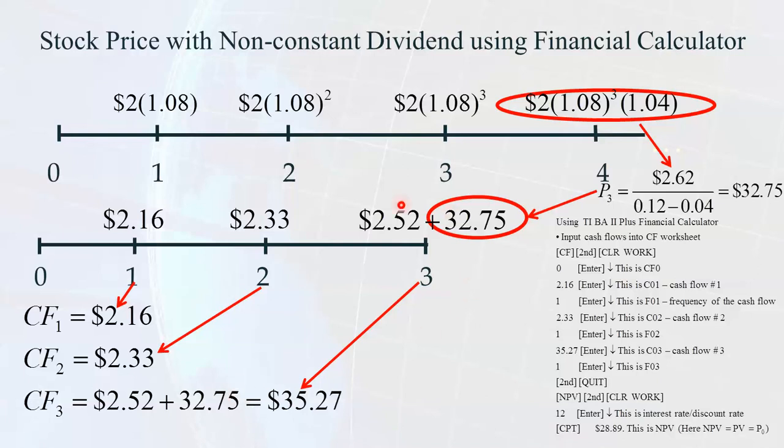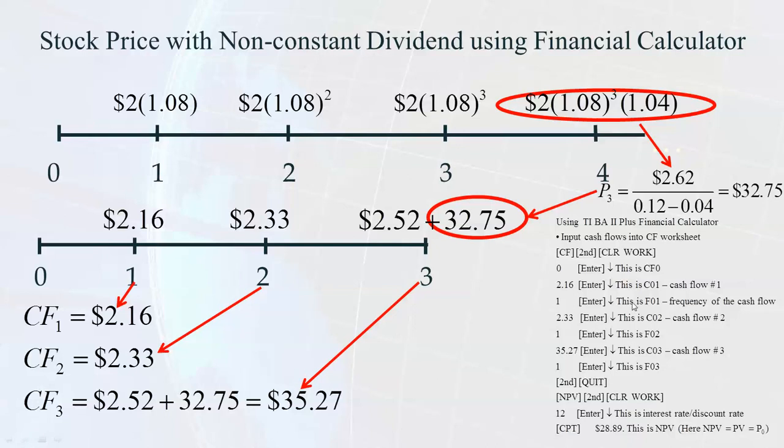So at year 3 you should be able to compute the stock price. Price at time 3 equals dividend at time 4 divided by R minus G, which gives $32.75. And these two numbers together are your third cash flow.